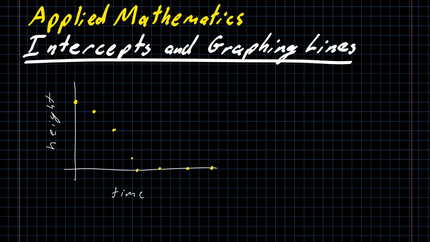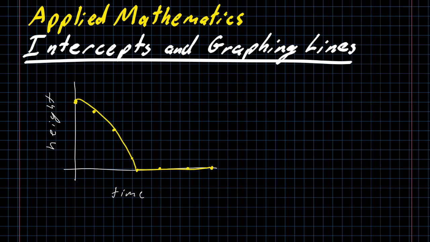And when I do that, I get some data that looks like this. Clearly, this is not the graph of a line, it's the graph of some other sort of curve. But we can interpolate and fill in some of the missing information and get a plot that looks like this.